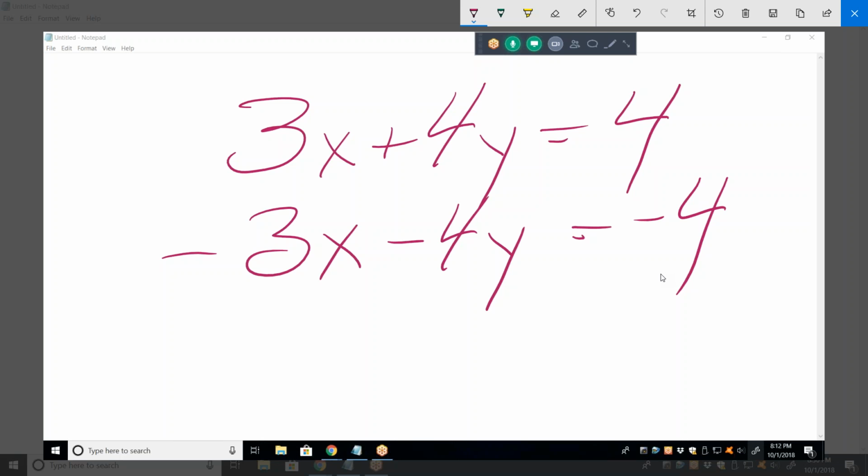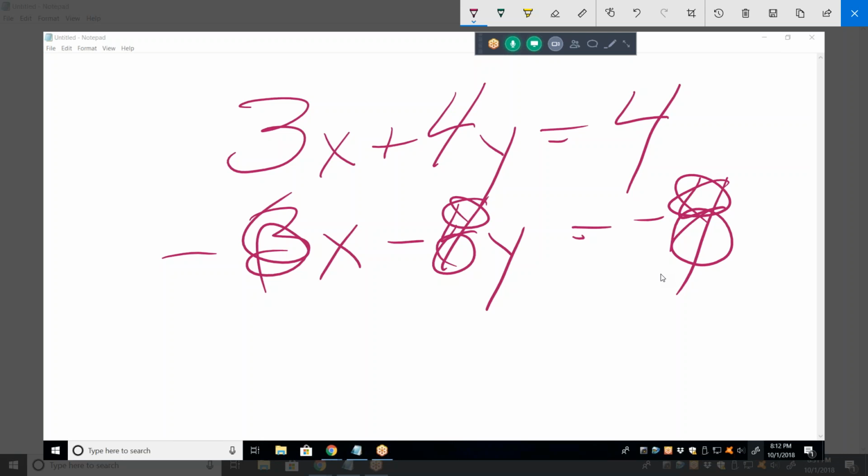So this second equation is not a new equation. That's the key. You have to recognize when it's not the same equation. If I made that 6, made that 8, it's still the same equation, because all it is is the first equation multiplied by -2 on all sides.